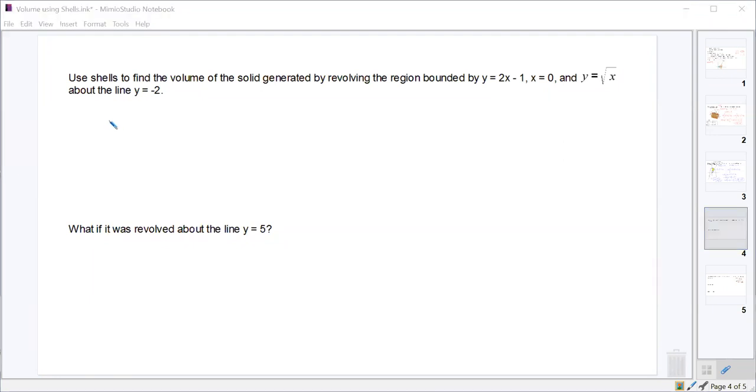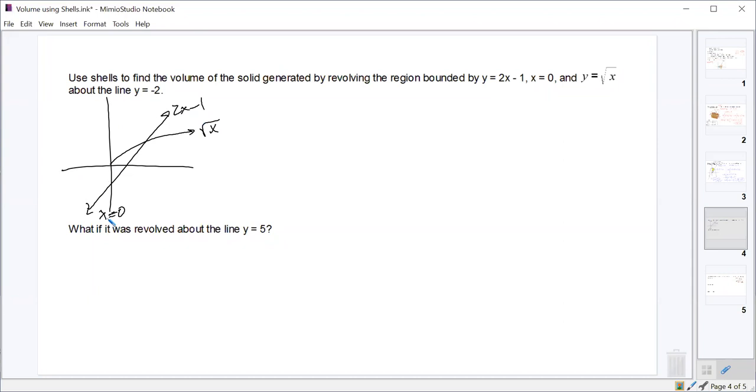So let's start with a graph. 2x minus 1, y equals root x. And x equals 0.